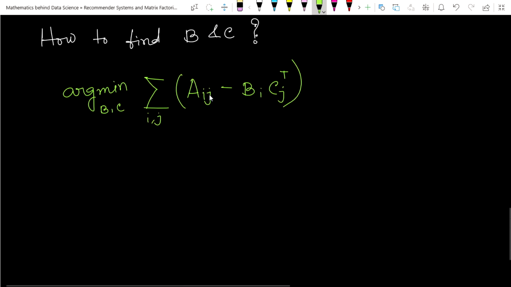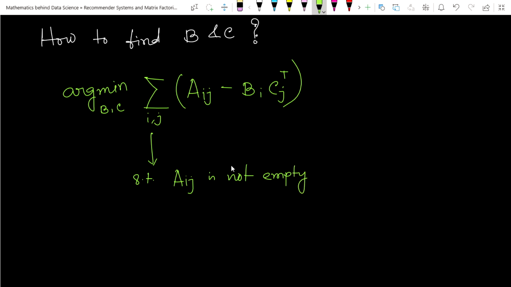All ij means we have to consider only those Aij that have non-empty values. For empty values, how do we compare? So we consider only those ij such that Aij is not empty.